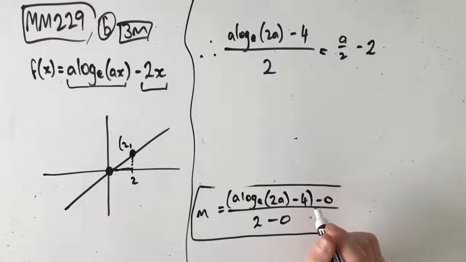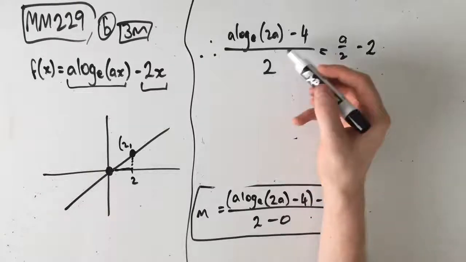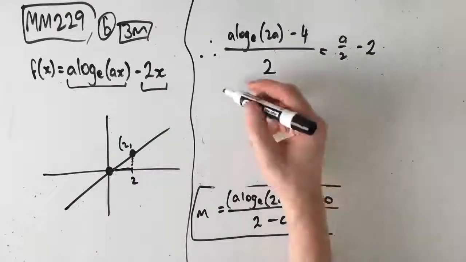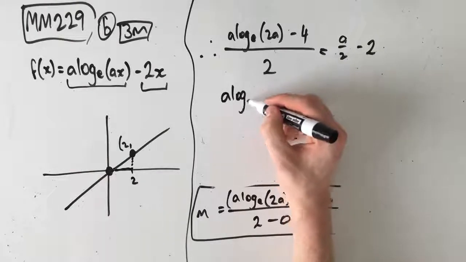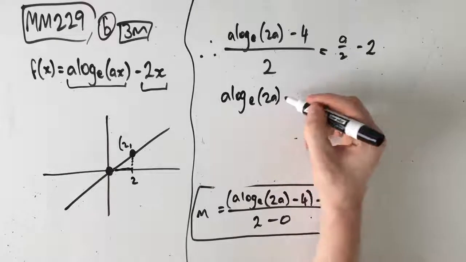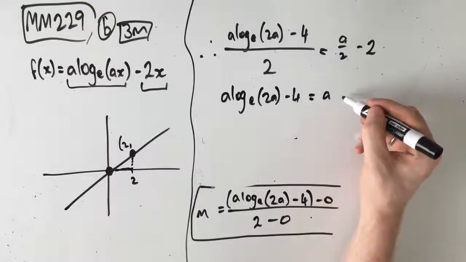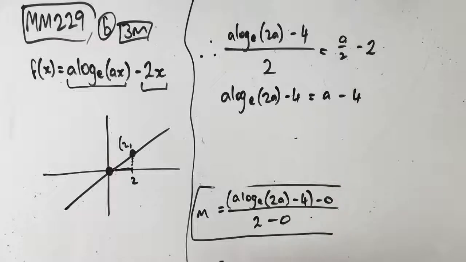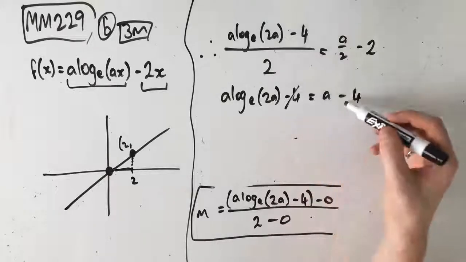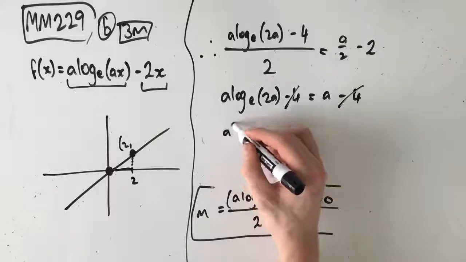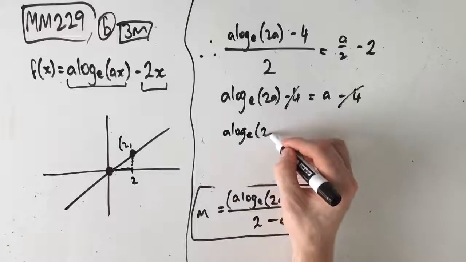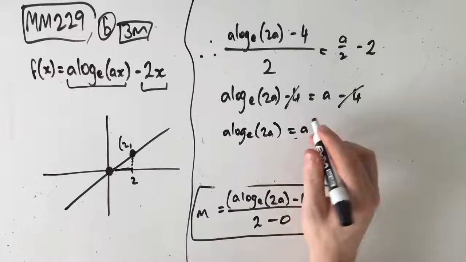Awesome. So multiplying both sides by 2 to get rid of these 2's, we get a log e of 2a minus 4 equals a take 4. Awesome. These negative 4's can cancel out, and we get a log e of 2a equals a.